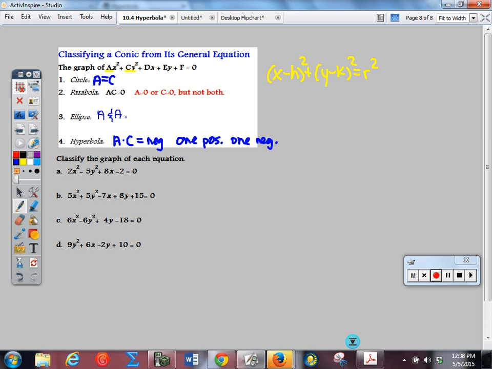Or if they're both negative, then you can divide them both by a negative and they both become positive. So A and C have the same sign, and A does not equal C. Now A could be positive 3 and C could be negative 3 on a hyperbola. It's just going to be a hyperbola that has a square box. It would be like a circle if it was a plus, but if it's a square box, then it would still be a hyperbola, since one's positive, one's negative.